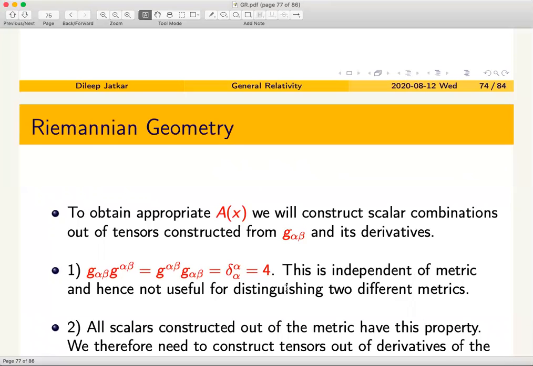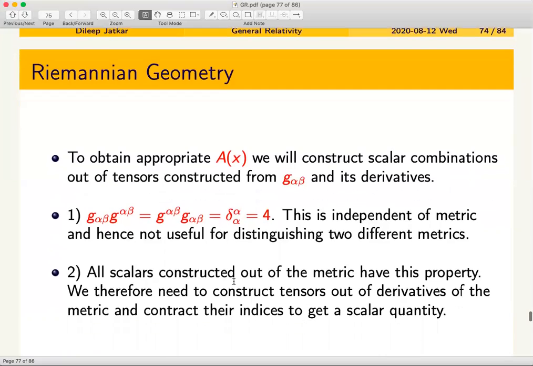This answer is 4 irrespective of what coordinate system you use, what matrix you use, it doesn't matter. So there is no way this object can distinguish different metrics. Therefore we can rule out this choice.